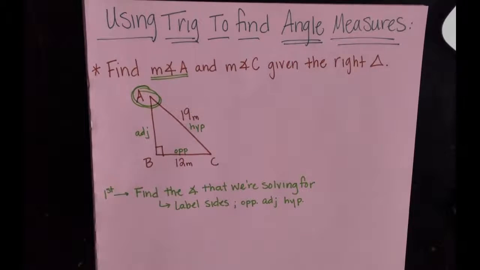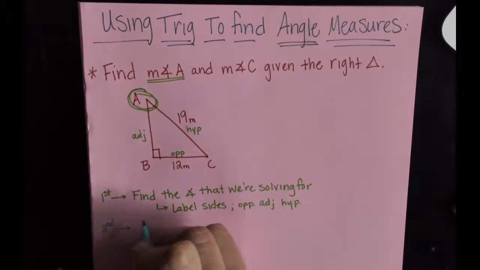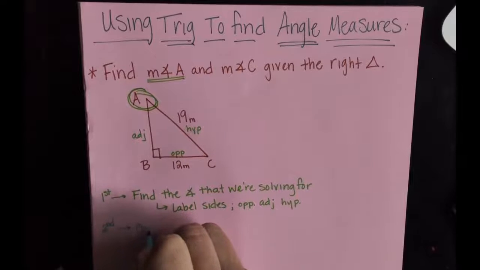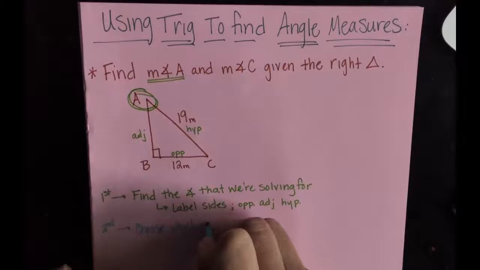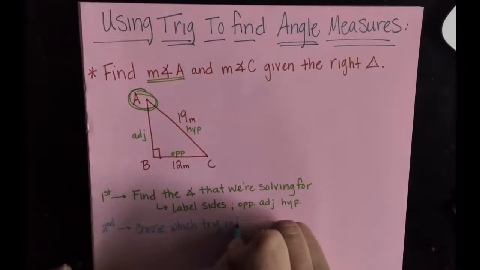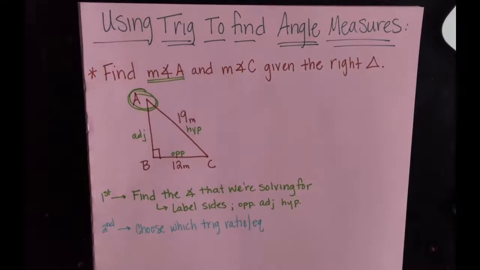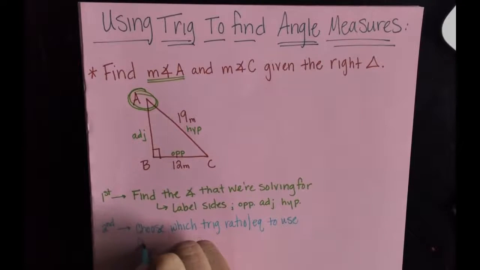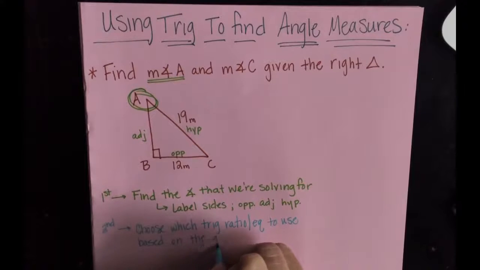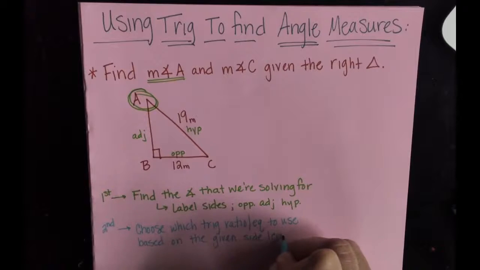The second thing that you're going to do is choose which trig ratio, and essentially the equation, to use based on the given side lengths.